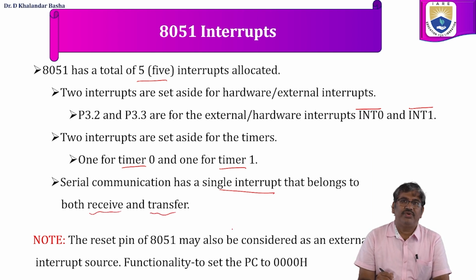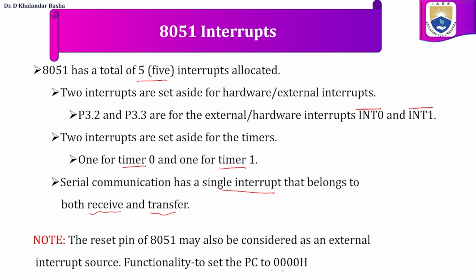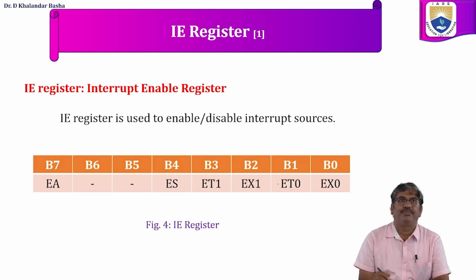However, the reset pin of the 8051 may also be considered as an external interrupt source. The reset function has its code at 0000H, which will be loaded into the program counter.